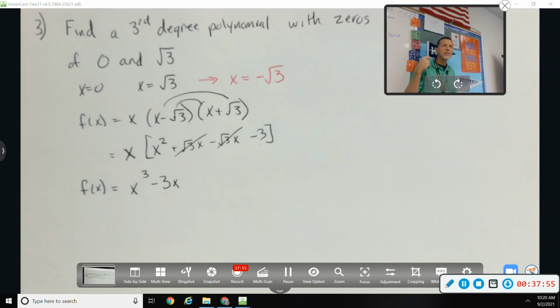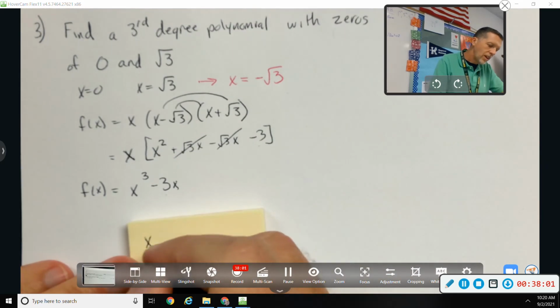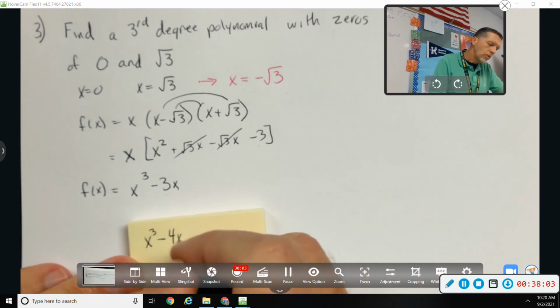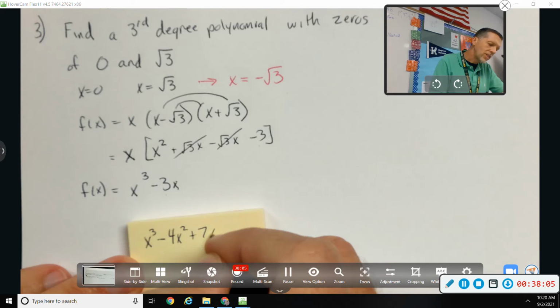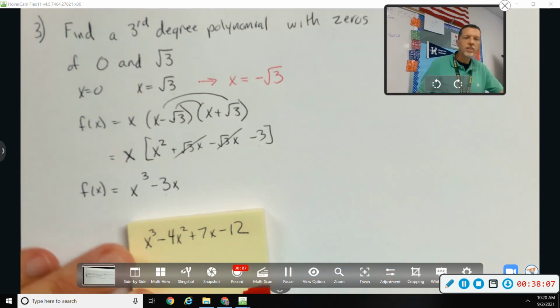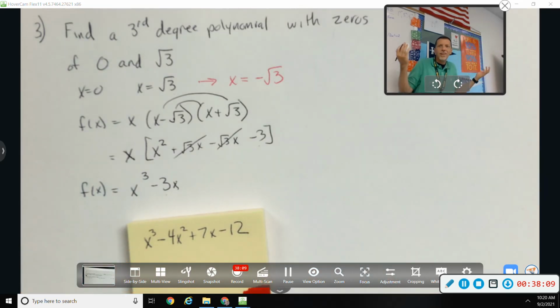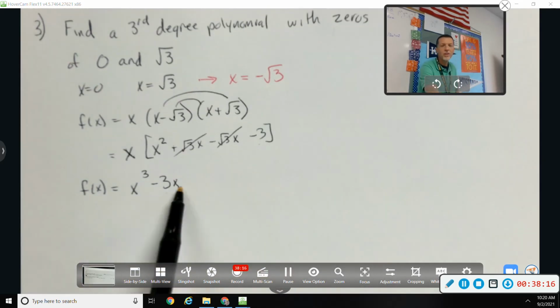Only if it was possible. So I would not ask you to find the zeros of x cubed minus 4x squared plus 7x minus 12. Because what are you going to do with that? There's nothing to do. You're stuck. So if we give you one that's higher power, it will be something that you can factor and kind of break down. So you're right to be concerned, but we'll make sure that it's possible.